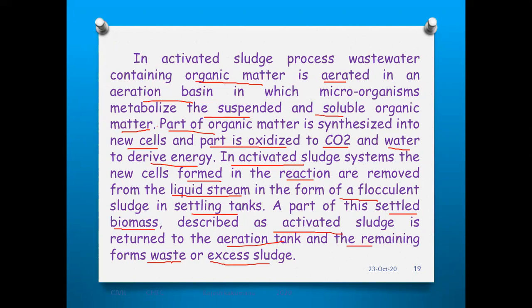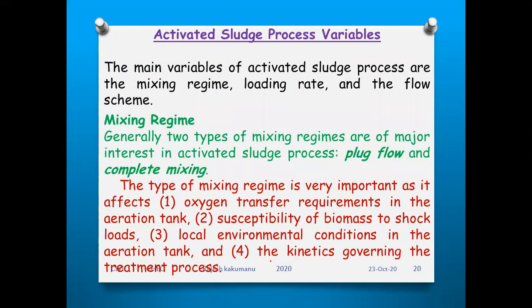And the remaining waste is nothing but the excess sludge in the aeration tank, right? Next topic is activated sludge process variables. What are the various variables that are used whenever the activated sludge process is working?